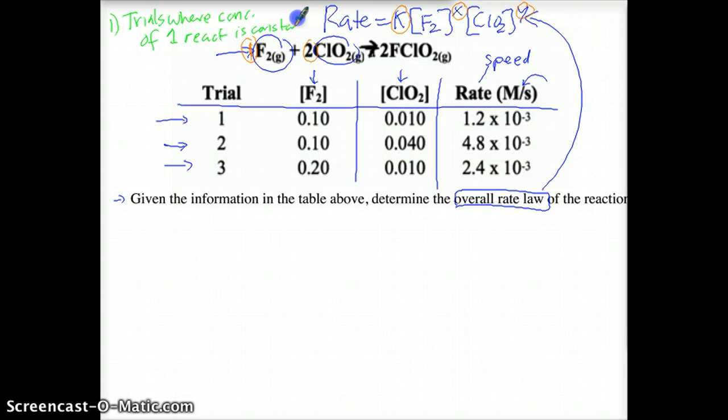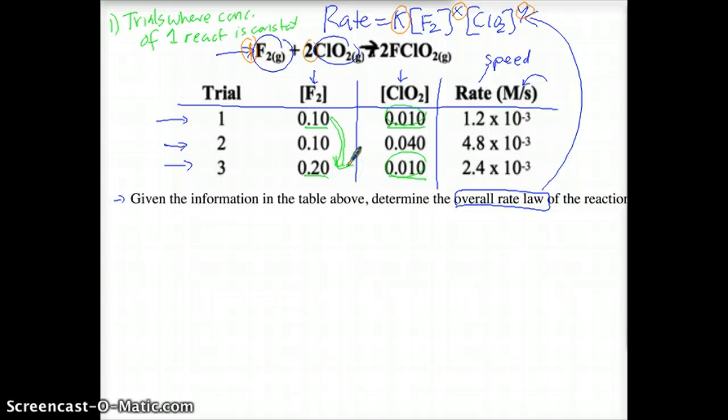For example, if I look at trial 1, I notice that the concentration of F2 is 0.1 and the concentration of ClO2 is 0.01. If I look at trial 3, I see the concentration of ClO2 is still the same. So in this case, I changed the concentration of F2. What we want to see now is what effect does changing this concentration have on the speed? Does it make it faster? If so, by how much?